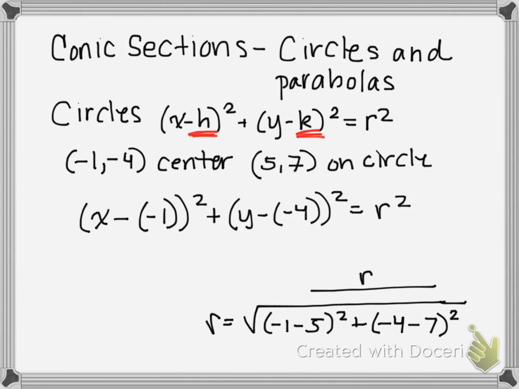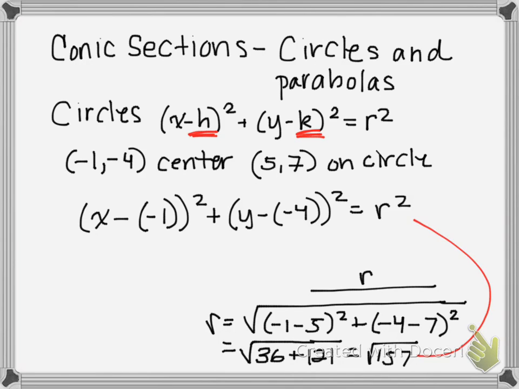So hopefully you recall the distance formula from a previous class, and it's the square root of the difference between the x's squared plus the difference between the y's squared. So we use that distance formula to find this radius, and we get root 157. And then I can plug that in, of course, up here into the equation, and my equation for my circle will be complete.